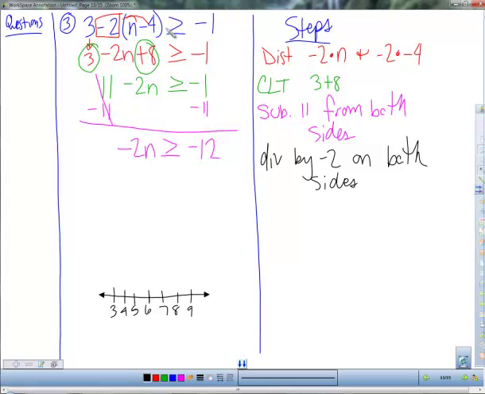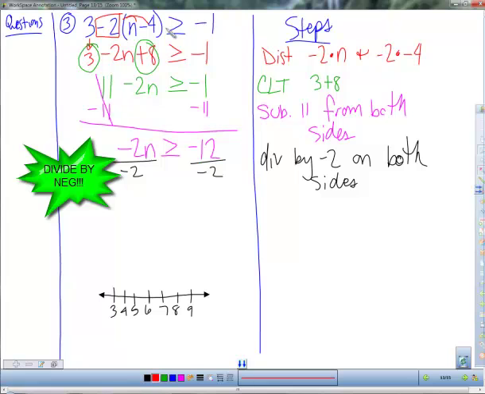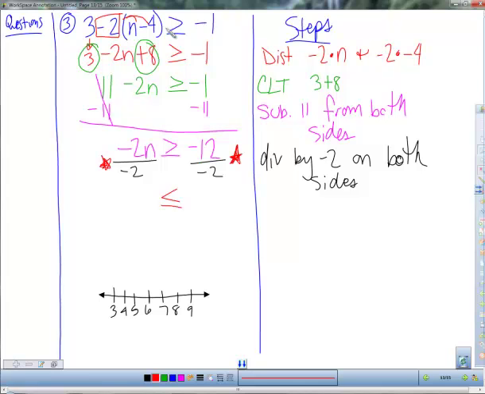Remember to write out your steps on the right side. Divide by negative 2, divide by negative 2. Here is where my bells and whistles, lights and sirens go off because I'm dividing by a negative number. So whenever I do that, my sign flips. These 2's cancel and I have n. Then I have negative 12 divided by negative 2 gives me a positive 6.